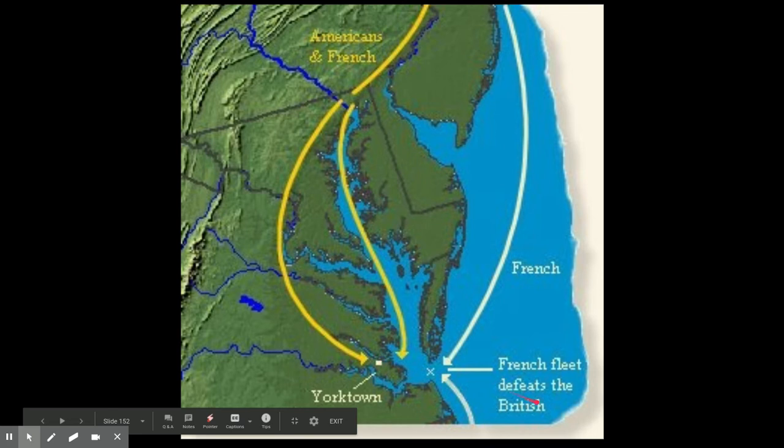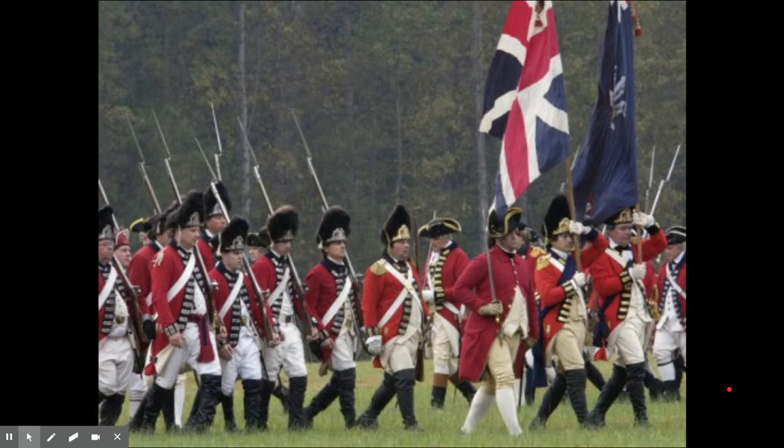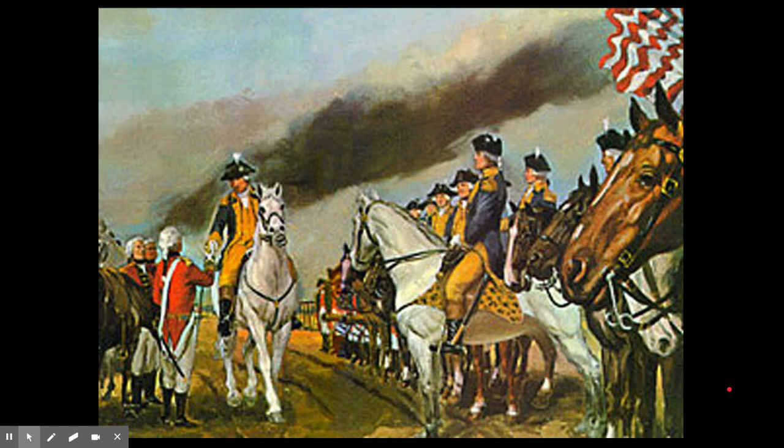But the French fleet defeats the British out here at sea, and the British aren't able to come into this Chesapeake Bay to save the soldiers, who are then followed up by Americans coming up behind them, and they're kind of trapped here. And Cornwallis is forced to surrender. At Yorktown, the British could not retreat, bottled up by Washington and the French fleet. The British surrendered, and finally we had won.